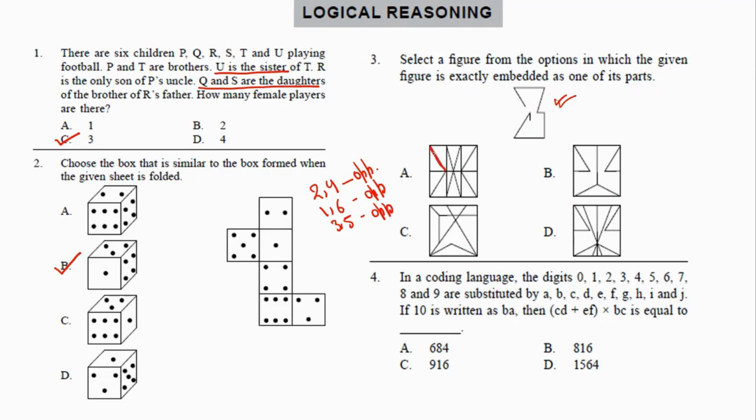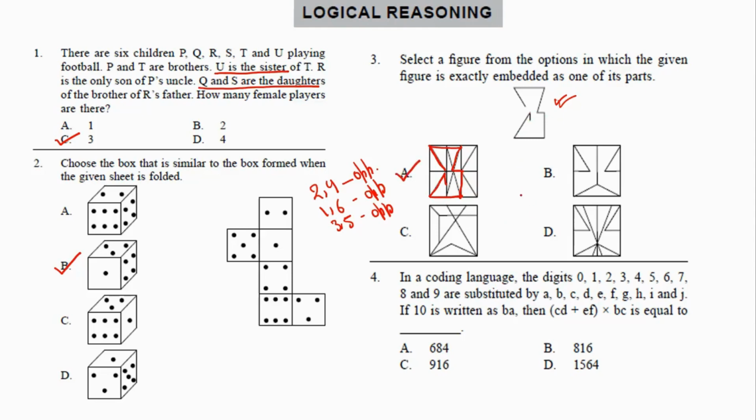Then the shape goes like this. Then it goes like this, a little bit this side. Then it comes down like this, and then it goes up and this, right? So in the first option only we get the figure embedded. So A is our correct answer, right?